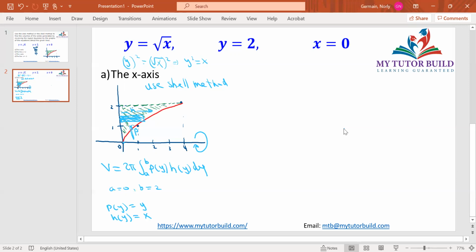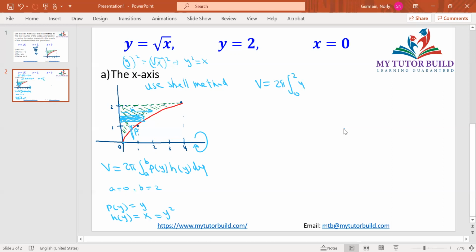So we know x would be equal to y squared. Now that you have p of y and h of y, we can use the volume formula to find the volume. So we go from 0 to 2.